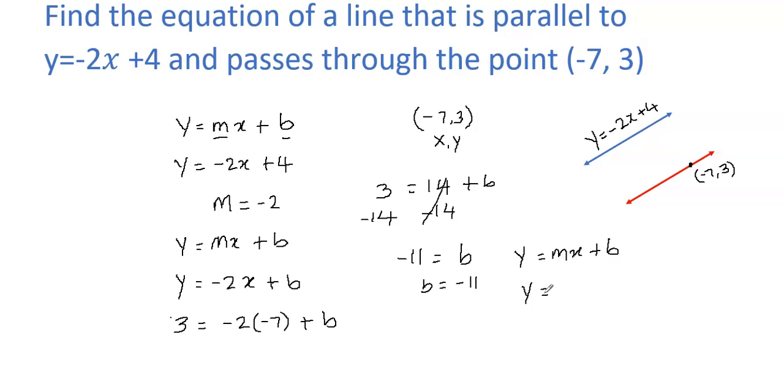So m is negative 2, so I plug in negative 2 here. We have x, then the plus sign, and b is negative 11, so let me put this inside parentheses. Then we just simplify: negative 2x, and positive times negative gives negative, and I have 11. So y equals negative 2x minus 11 will be the equation of this red line, which is parallel to the given line y equals negative 2x plus 4.